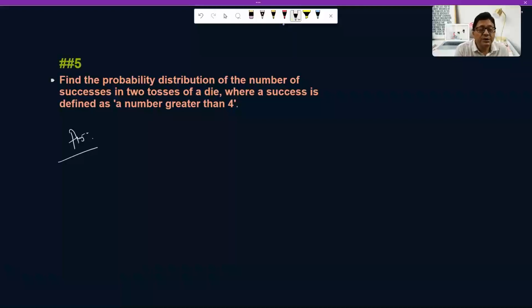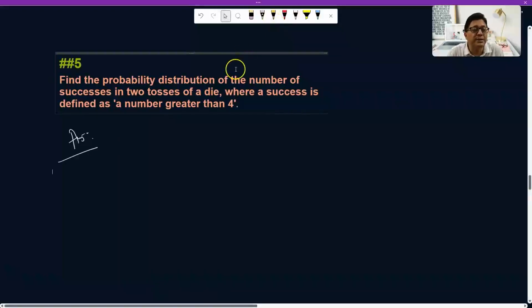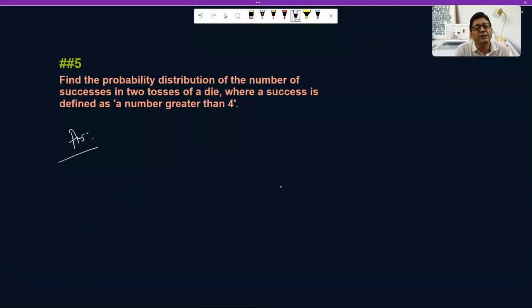Number greater than 4 means the sample space contains these 6 points, and you are tossing it twice. So the problem is no doubt similar to the previous one.